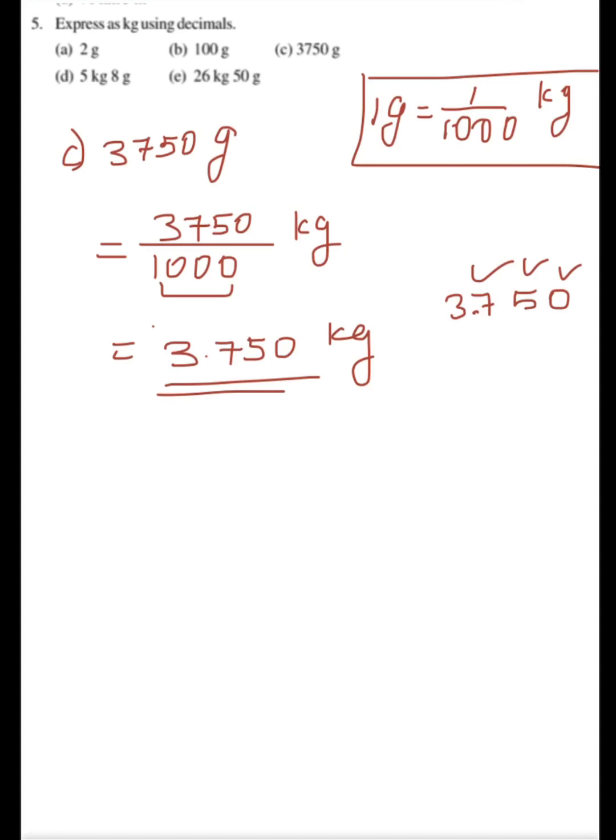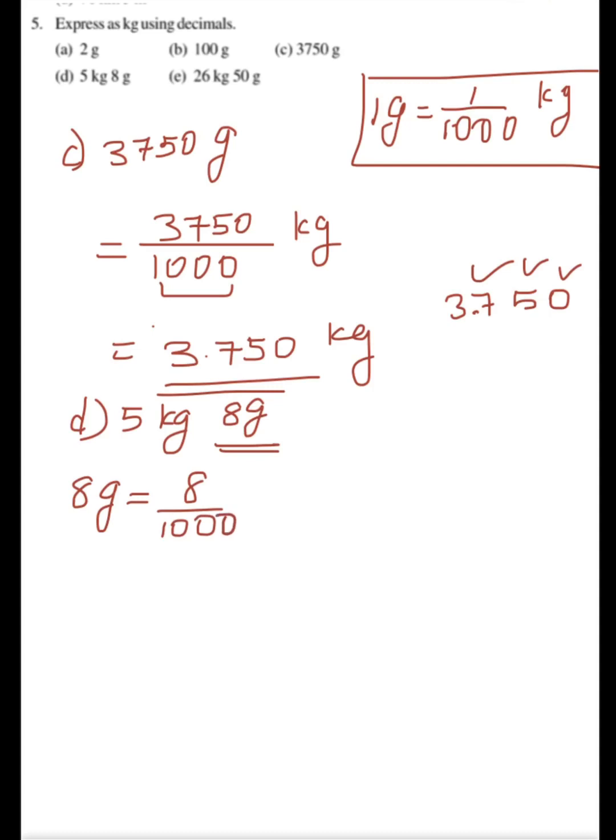Now let's see D. 5 kilogram 8 gram. So here 5 kilogram, it's already in kilograms, so you need to convert only 8 grams. So 8 grams means what? In order to convert it into kilogram, you need to divide it with 1000. So 8 by 1000 kilogram. So what will be the answer? 8 means after the decimal point 3 numbers. So 1, 2, 3. So here you can put the decimal point.